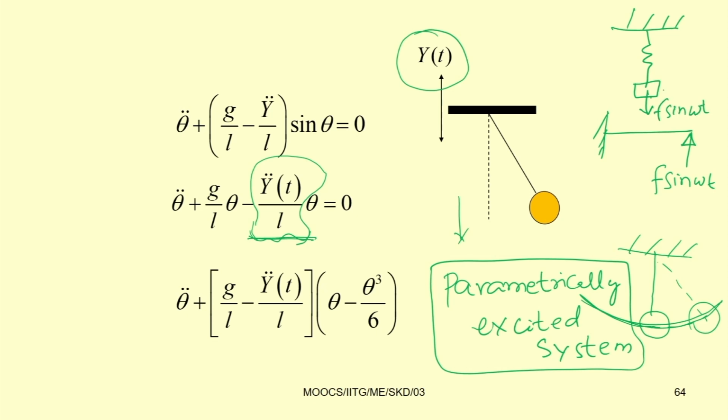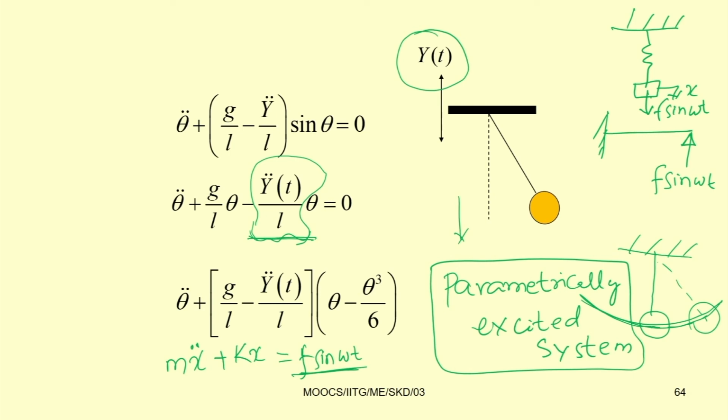In this case, the response of the system is written as m x double dot plus k x equal to F sin omega t. Here the forcing term is not the coefficient of x or the response, but in the earlier case the time varying term, that is the excitation term, is the coefficient of the response, that is theta.